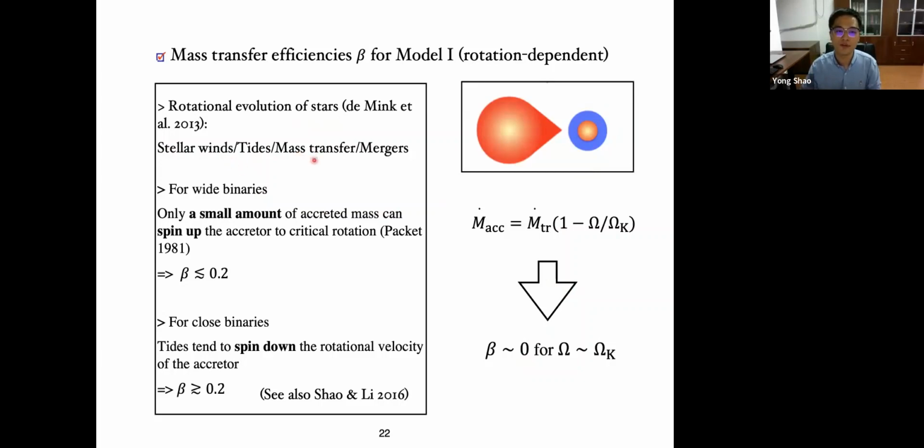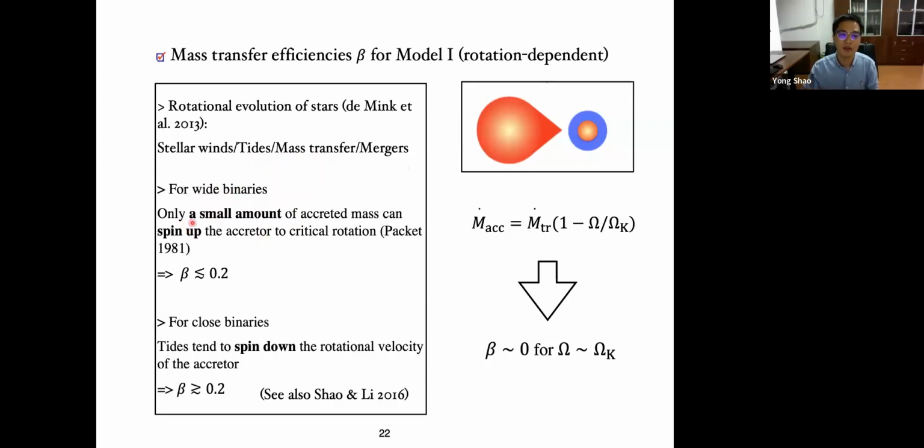But the mass transfer and mergers tend to spin up the rotation of the accretors. And for tides, in wide systems, tides can be negligible.